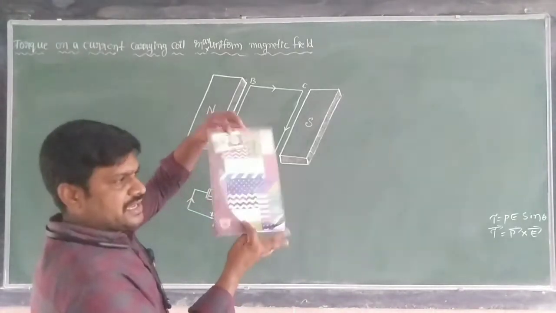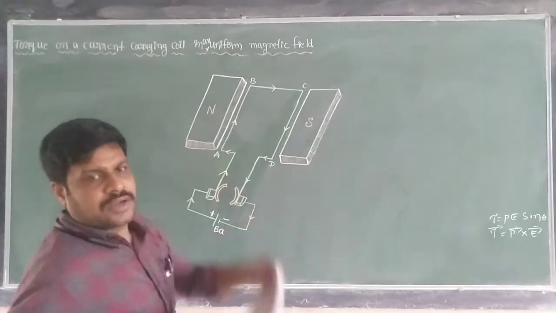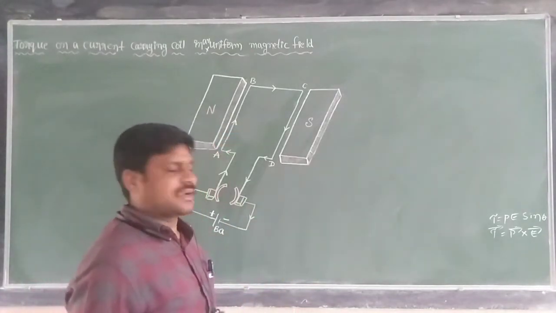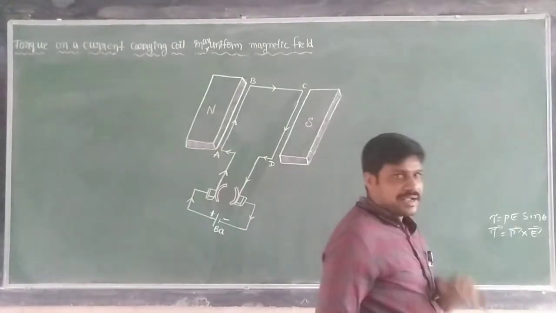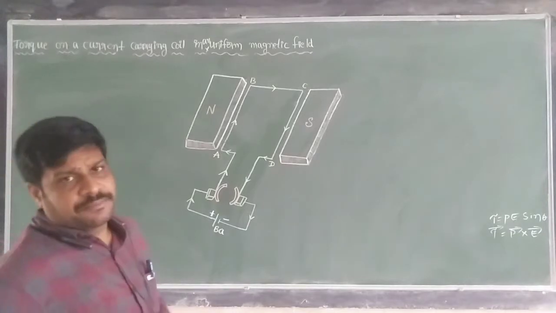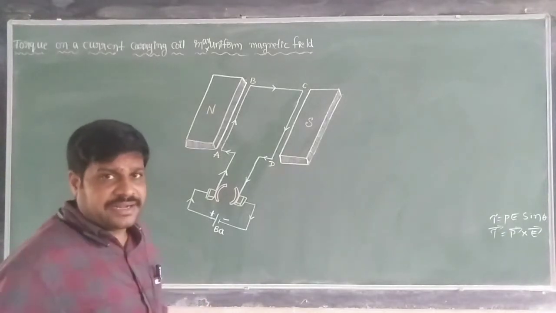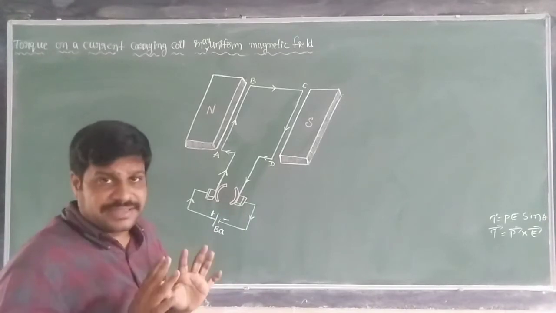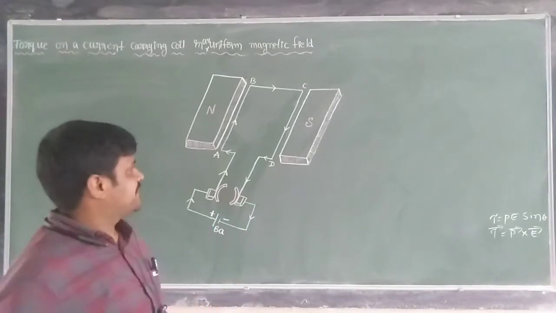Now, what is the torque? If a dipole is placed in an electric field, we got the torque formula. Now if you place a current carrying coil inside a magnetic field, how can we get the torque? Let me see here.